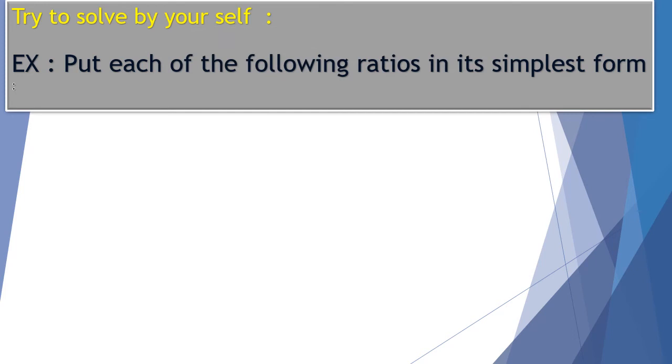And now, try to solve by yourself. Put each of the following ratios in its simplest form. A. 40 to 60.